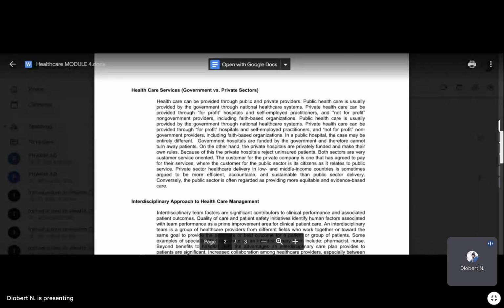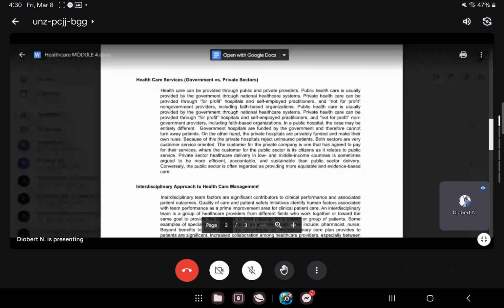Okay, doctor is very broad. But if a doctor is specializing in heart problems, cardiovascular diseases, they are called what? Doctors that are specializing in cardiovascular diseases.